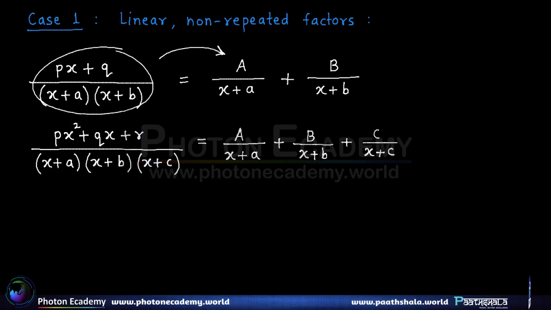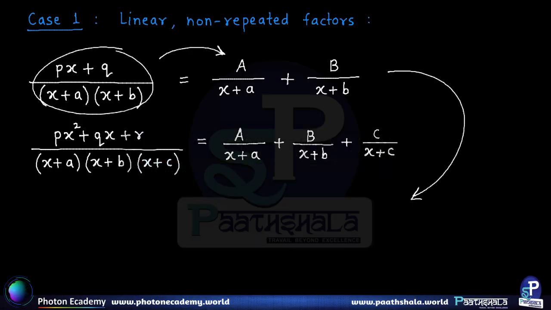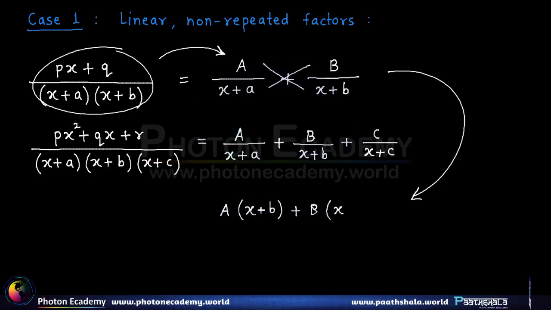Now the next question is, how do we determine this capital A and capital B? For that, if we cross multiply and write the numerators, we will get A into x plus b plus B into x plus a. This is the numerator on the right hand side.